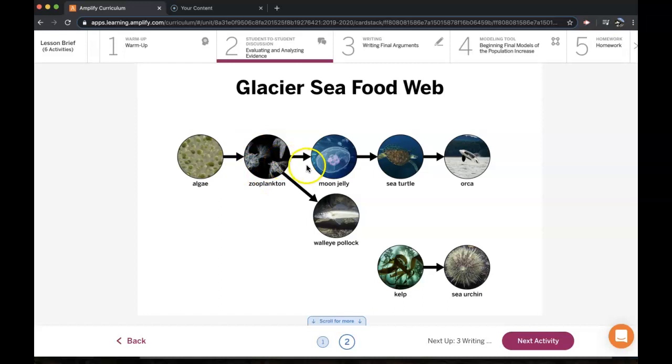And then we also know that if their population increases, there's more energy storage molecules for the moon jellies. So the moon jellies will have more energy storage molecules, they'll reproduce more, and their bursts will increase. So now their bursts are greater than their deaths and their population increases.